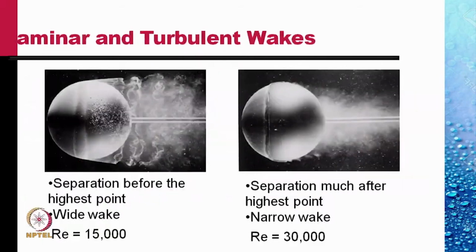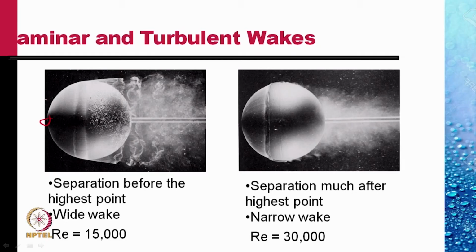We have this picture here in which we have a sphere rather than a cylinder, like a ball. There's smoke injected at the leading point of this thing at about here, and the flow is taking place from left to right.